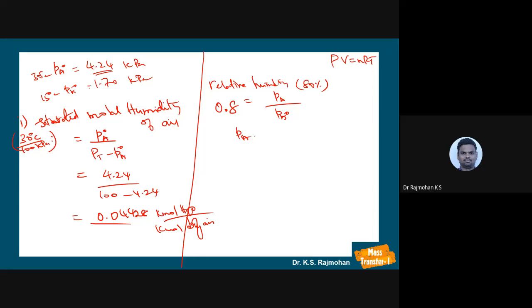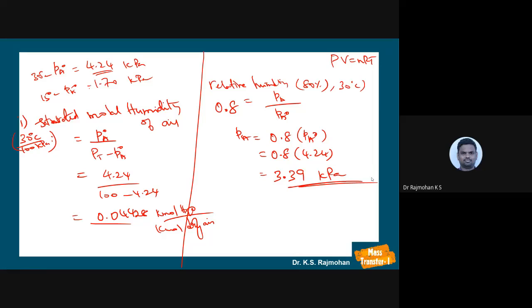Therefore, partial pressure is equal to relative humidity into Pa naught. This is at 30 degrees Celsius, right? At this value Pa naught is 4.24. So 0.8 into 4.24 is 3.39 kilopascal, the partial pressure.